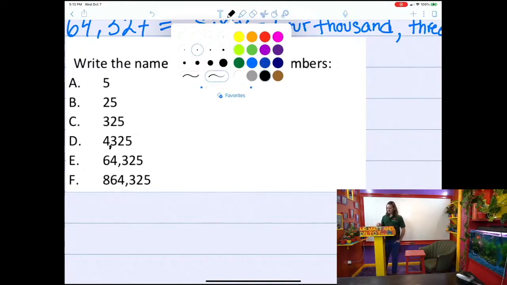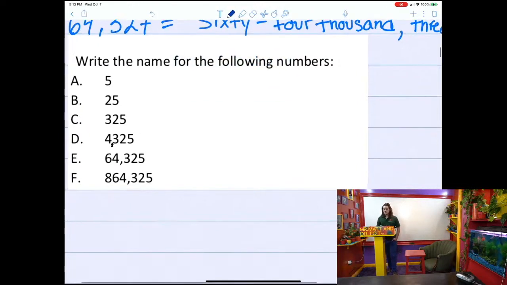Okay, so let's look at these problems. For the first number, the value 5, that's just one single digit, so we're going to write out 5. For B, we have 25. Remember, we have to hyphenate between the tens and the ones digit. So start with the multiple of 10, which here is 20.